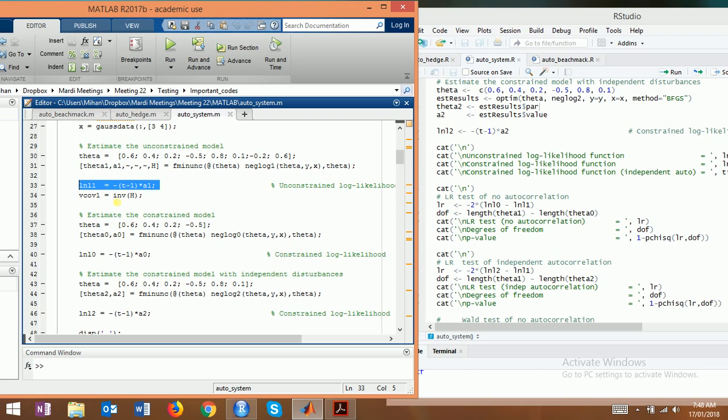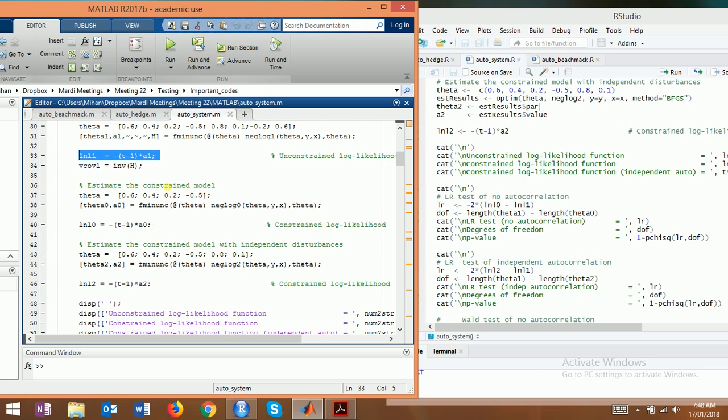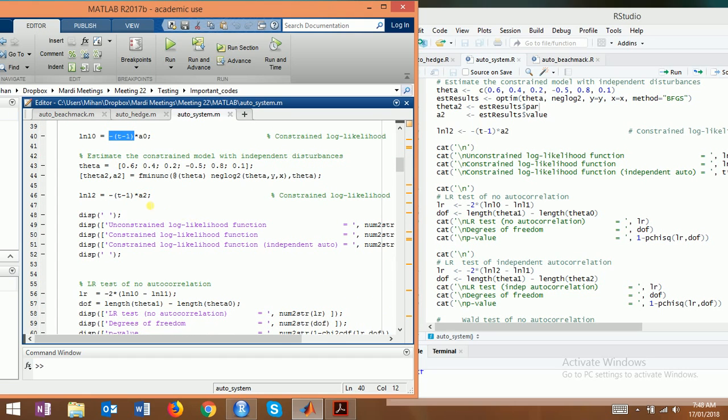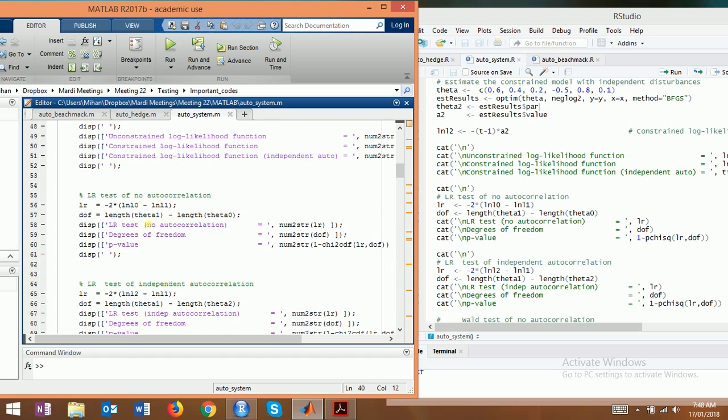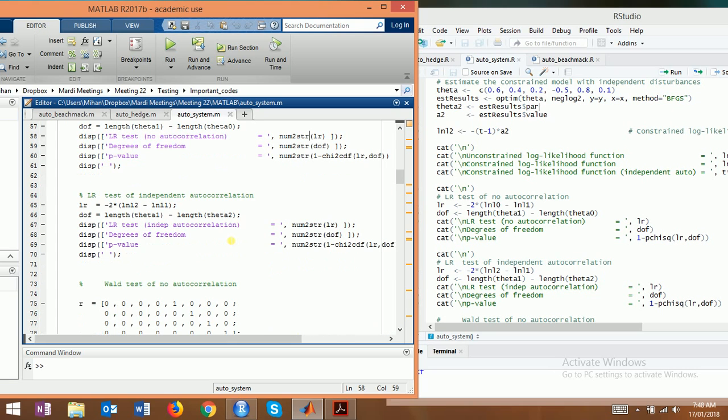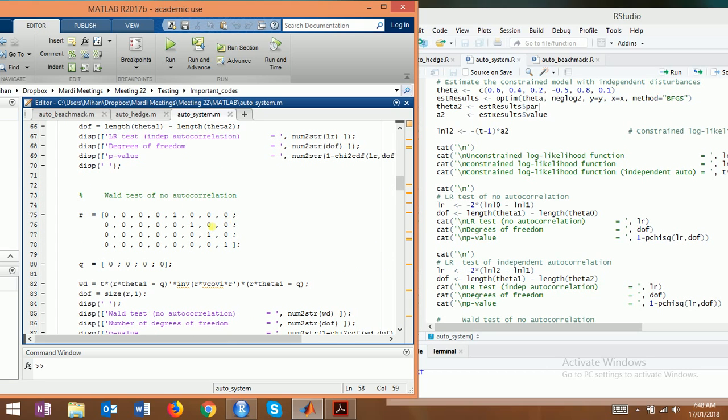This is the unconstrained log likelihood minus t1 into a1. a1 is the log likelihood function value, we are multiplying with minus t1. a0 is the log likelihood function value, multiplying with minus t minus 1. That's all, the constraint log likelihood. So yeah, fine, this is very easy. Independent Wald test of no autocorrelation.